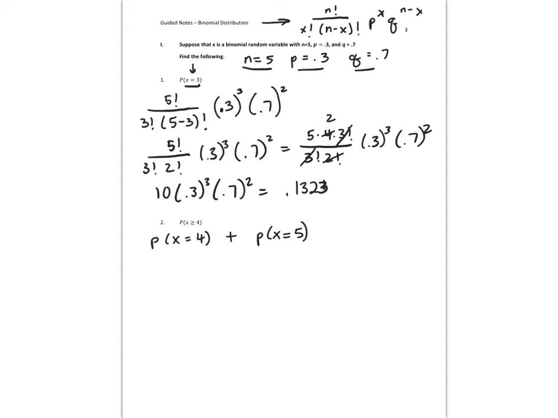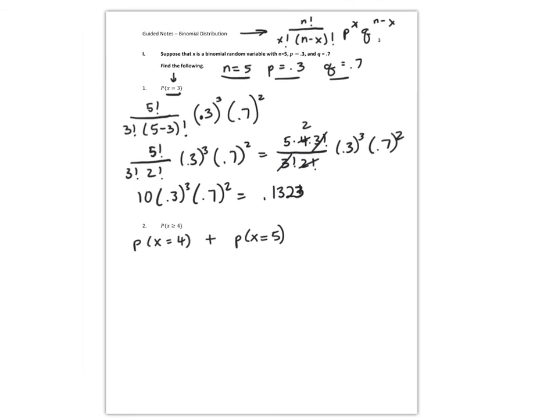Now the next one, probability x is greater than or equal to 4. Well, n is 5, so this only goes up to 5. The probability of x greater than or equal to 4 would be the probability of 4, because you're including it, plus the probability of 5.